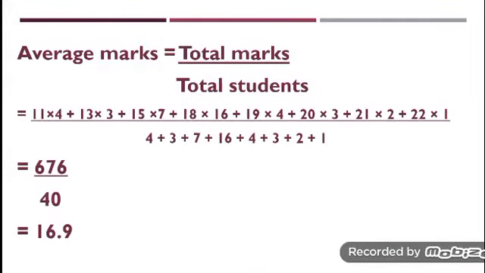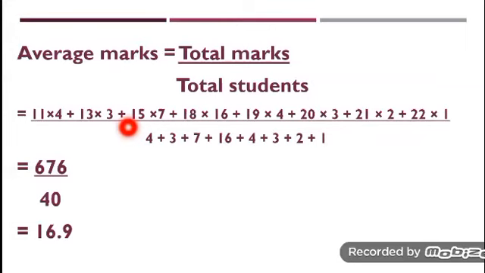Average marks is equal to total marks divided by total number of students. Total marks will be equal to, we will find out the products and then we will add all these products, and to find out the total number of students we will add up all the students.